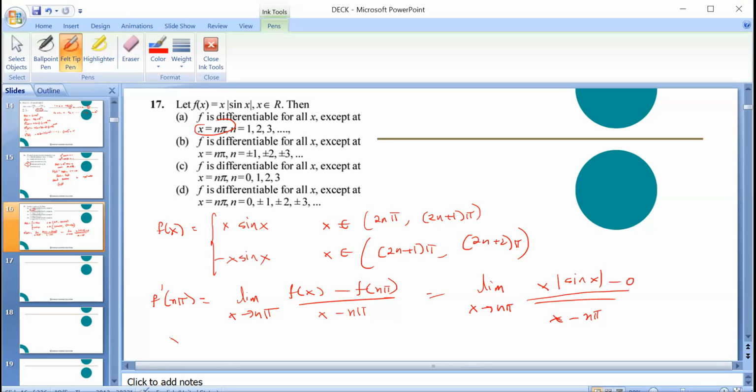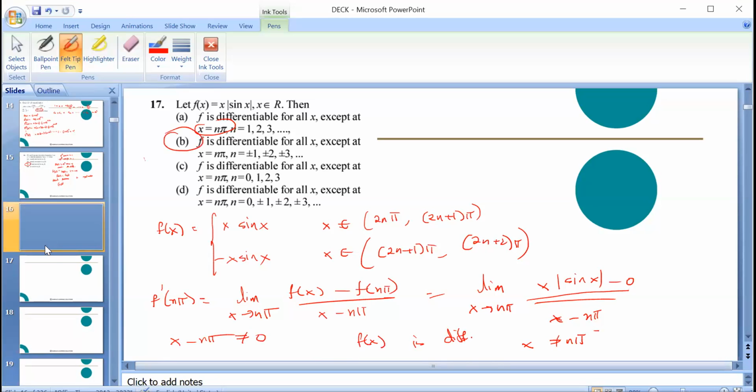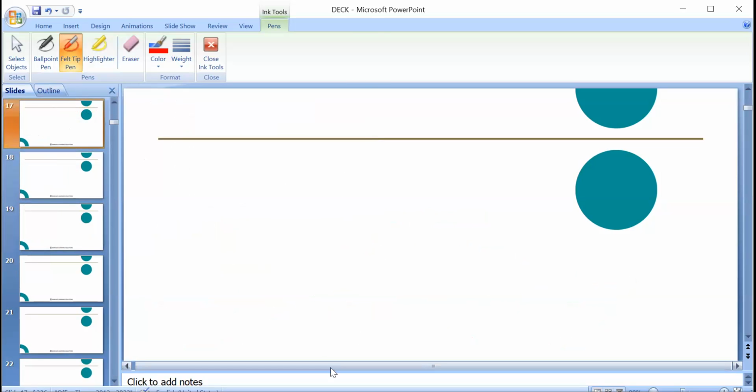So it is different, x minus n pi bottom should not be 0. So f of x is differentiable. Only thing is x should not be equal to n pi. Option C is the correct. We'll go to question number 18.